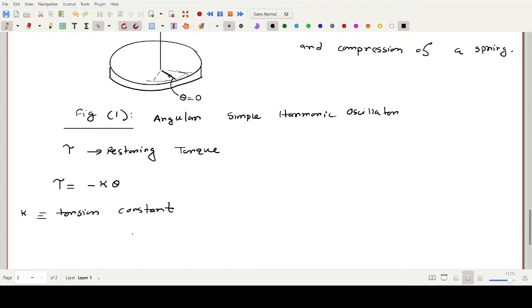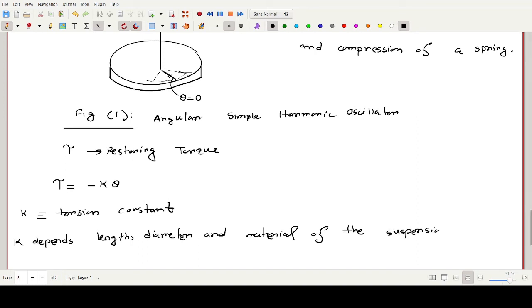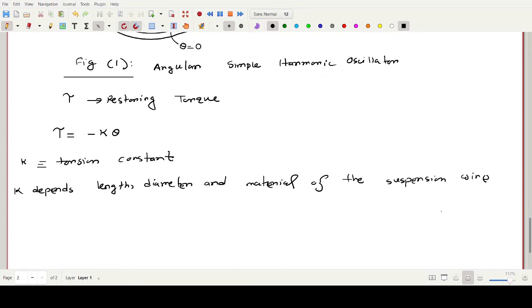It depends on the length, diameter, and material of the suspension wire. This is basically the angular form of Hooke's law.